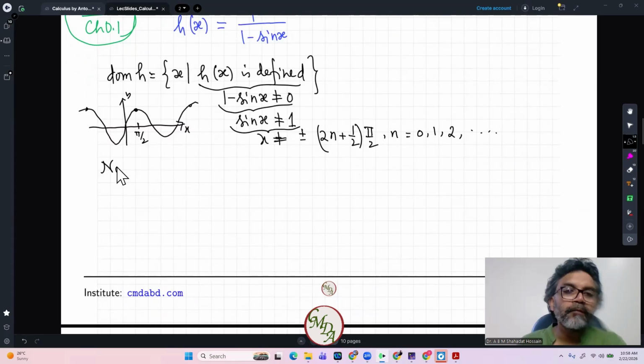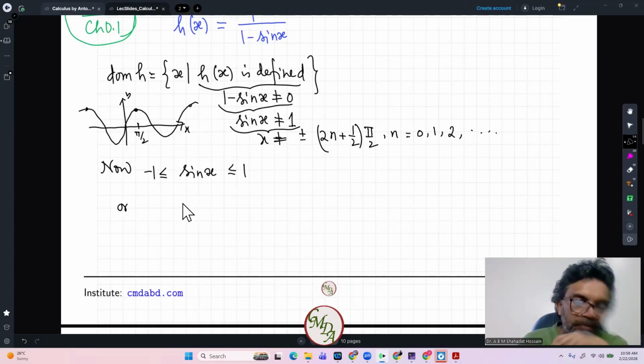now we know sine x is greater than or equal to minus 1. It has the range up to plus 1, and then we can solve it for 1 minus sine x. So what would be 1 minus sine x?